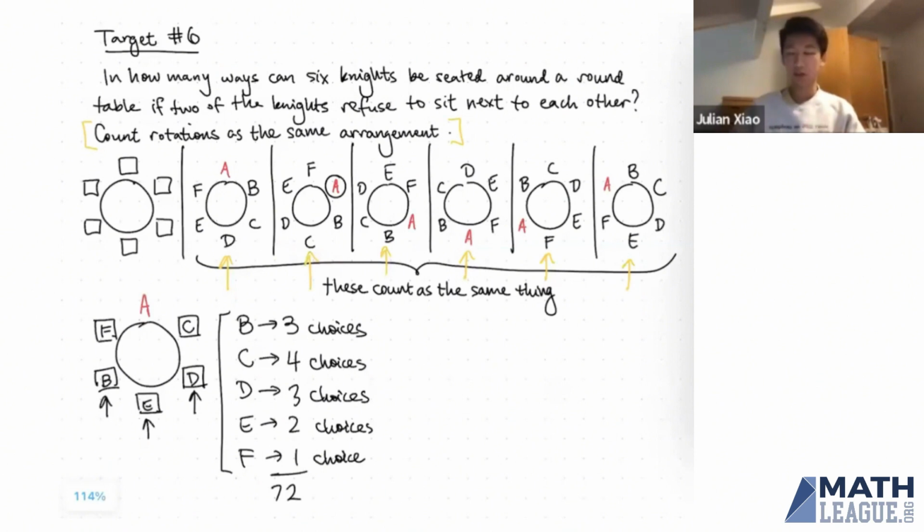So there's a distinction between when you should add these numbers together and when you should multiply. Because these people are choosing one after the other, and we're taking the total combination of all of these choices, that's why you multiply. So we have 72, and that should be the number of ways that we can seat these 6 knights. And there you have it. So the answer is 72.